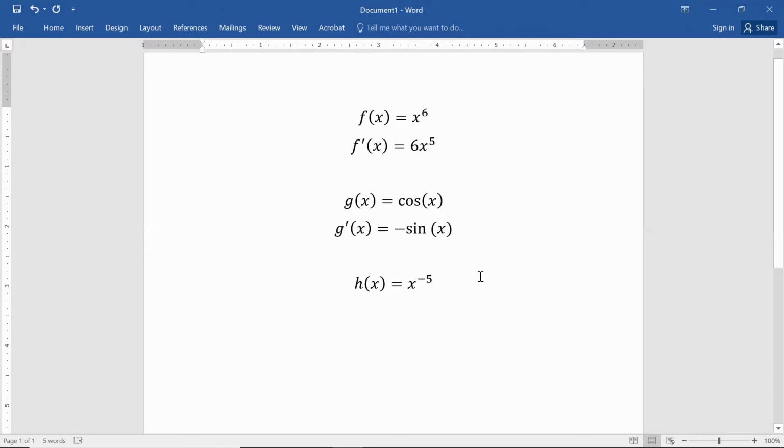h of x is a little bit tricky because we have a negative, but don't be thrown off by that. The power rule still works no matter what exponent we have. So we take the negative 5 out front. And then when you subtract 1 from the exponent, negative 5 minus 1 is going to be negative 6.